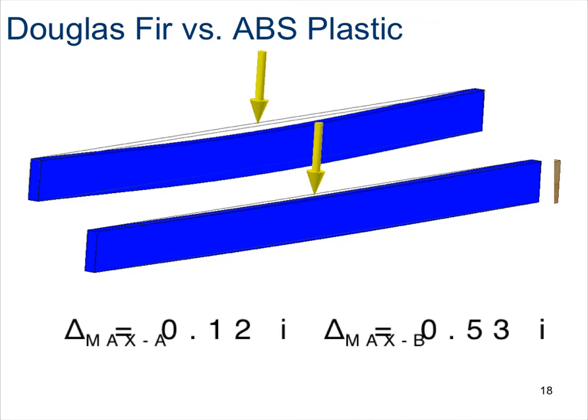Conversely, the modulus of elasticity of beam A is approximately 4.4 times greater than the modulus of elasticity of beam B. Based on these values, you should be able to do a comparison analysis to determine a relationship between the modulus of elasticity and the maximum beam deflection. And you should see that these two are inversely related, which means that as the modulus of elasticity increases, our maximum beam deflection is going to decrease and vice versa.